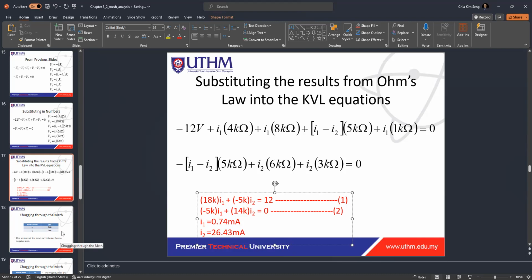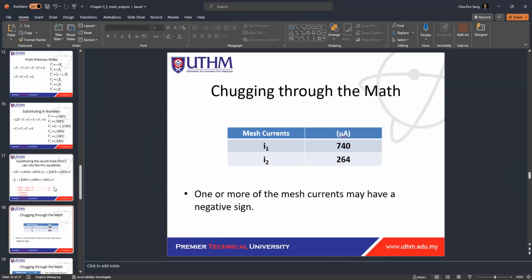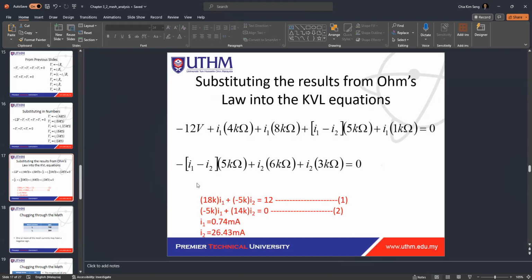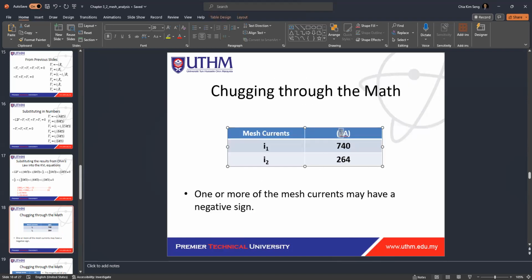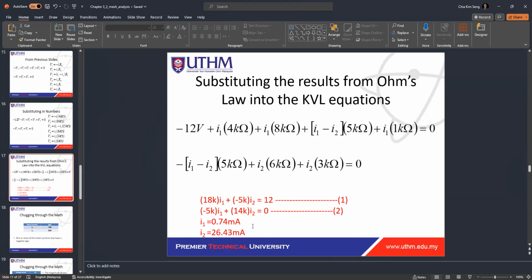So is the answer correct or not? So we move to here, it looks like it's correct because it goes to the microampere. So if we move to the microampere, yeah, it's 740 microampere.